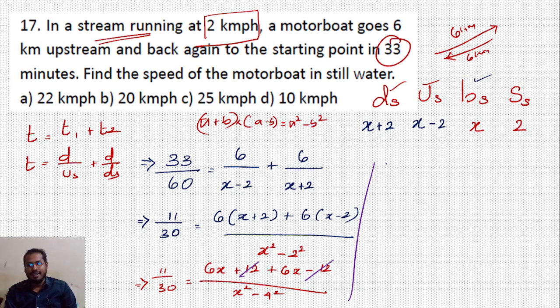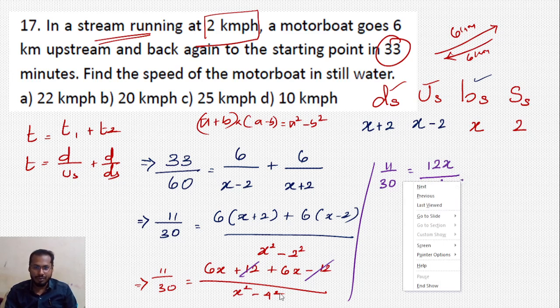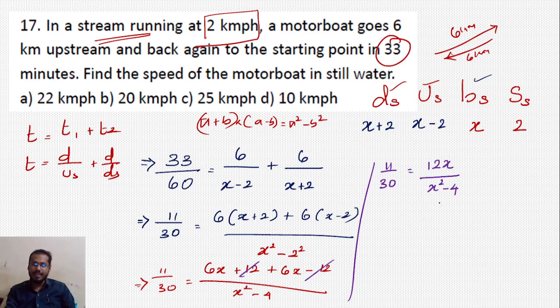Anyway, 11 over 30 equals 6x plus 6x, which is 12x, over x square minus 4, not 4 square, it was only 4, right? So 11 times x square minus 4 equals 30 into 12x, correct?